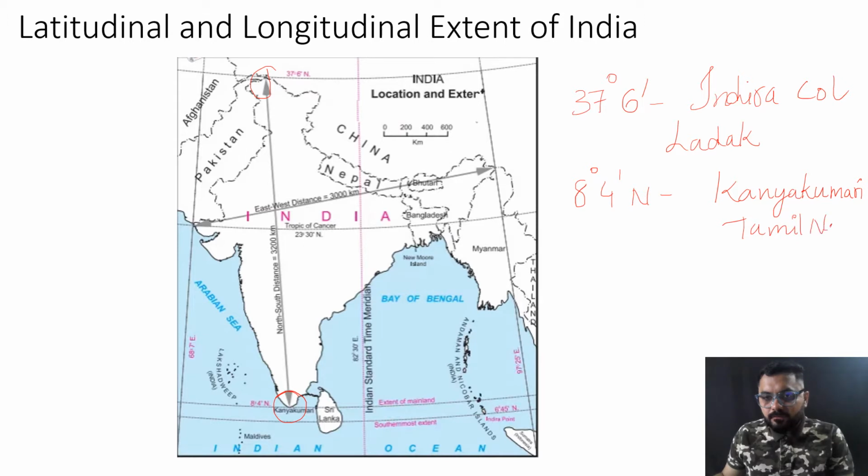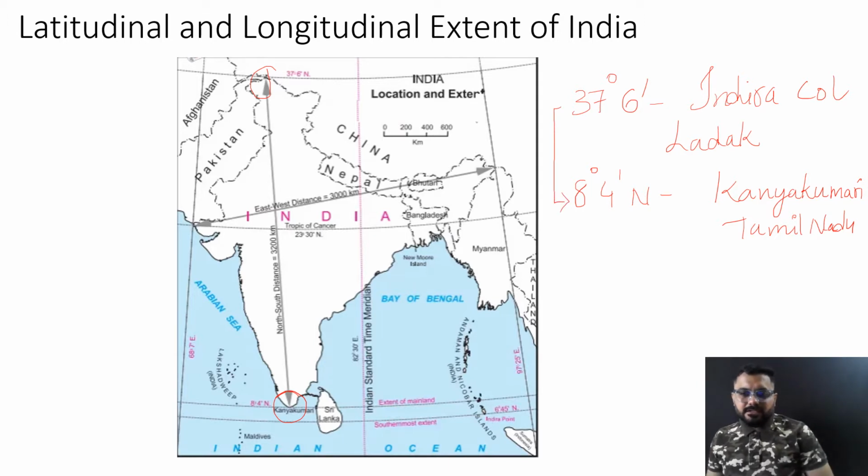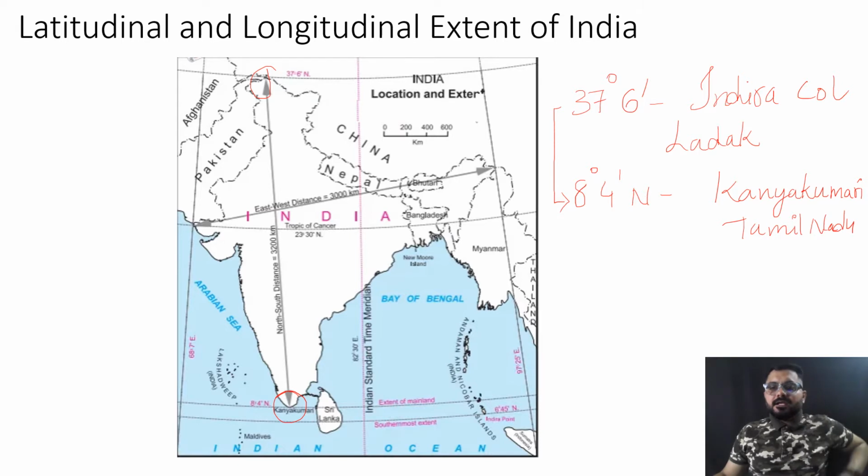The distance between these 2 points, Indira Col in the northernmost point of India and Kanyakumari in the southernmost point of India, is 3,214 kilometers.